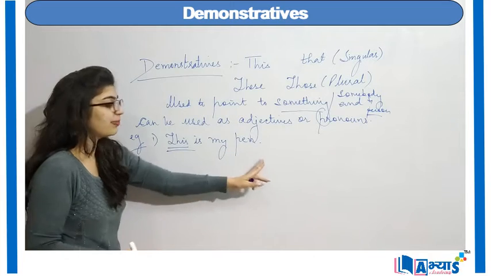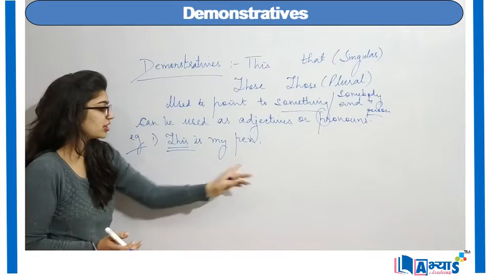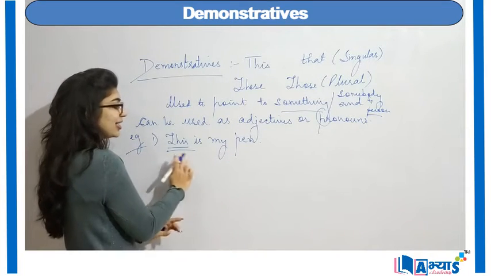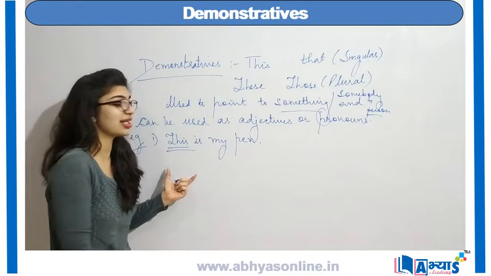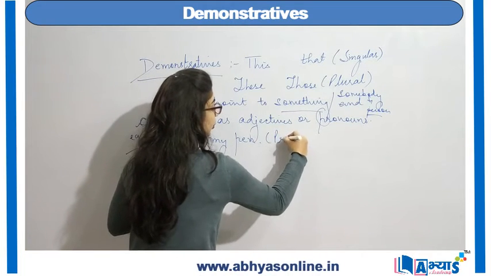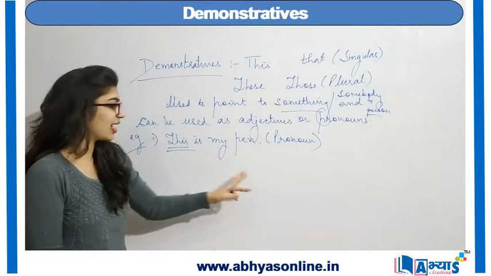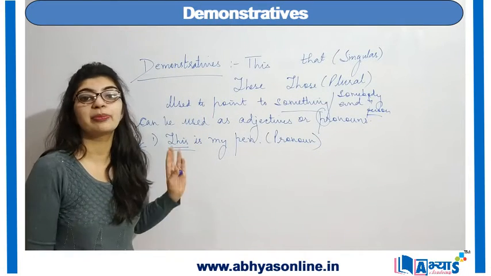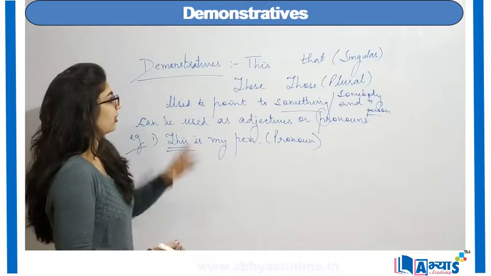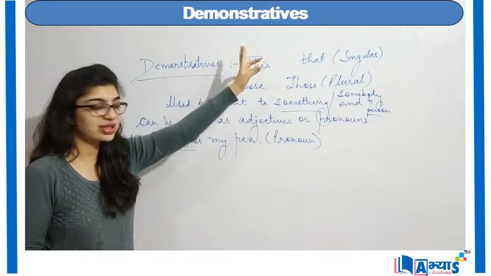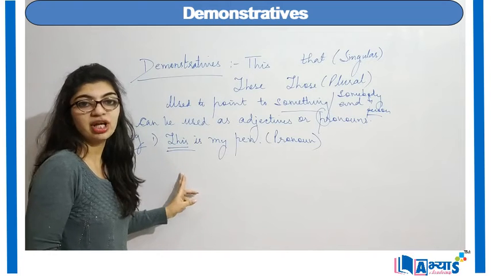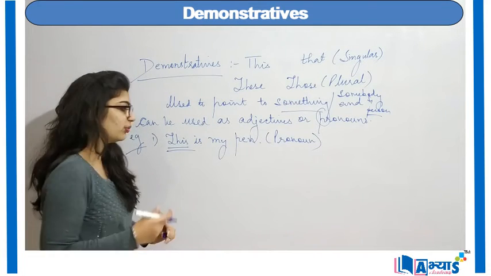So this is my pen. Pen is a thing, therefore it is pointing to something. And this is my pen. Here, this is acting as a pronoun. Right? This is acting as a pronoun and it is a demonstrative pronoun. Because we are using demonstratives, therefore this type of pronoun is a demonstrative pronoun.